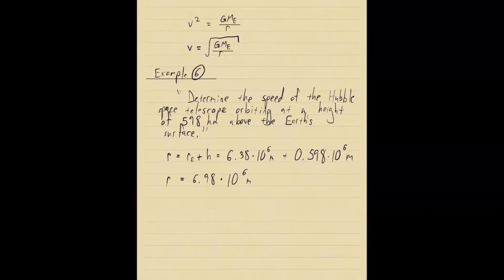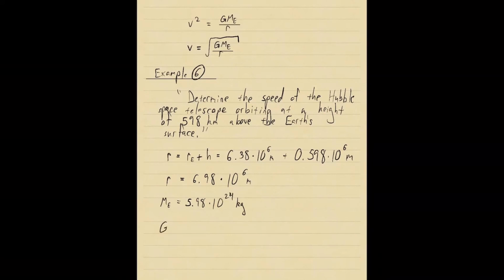And so the last piece of information that we need is the mass of the Earth. It's about 6 times 10 to the 24 kilograms, but the problem wants us to use a value of 5.98 times 10 to the 24 kilograms for the mass of the Earth.